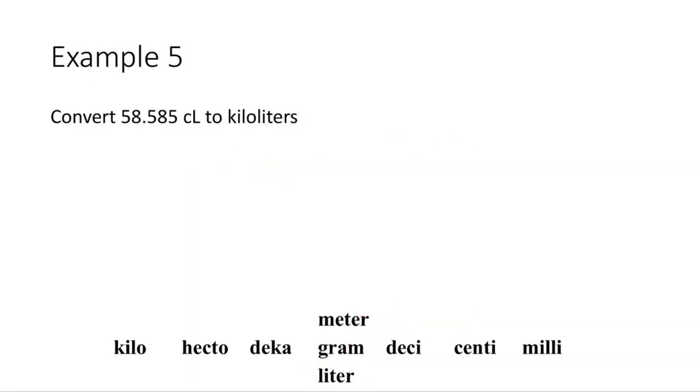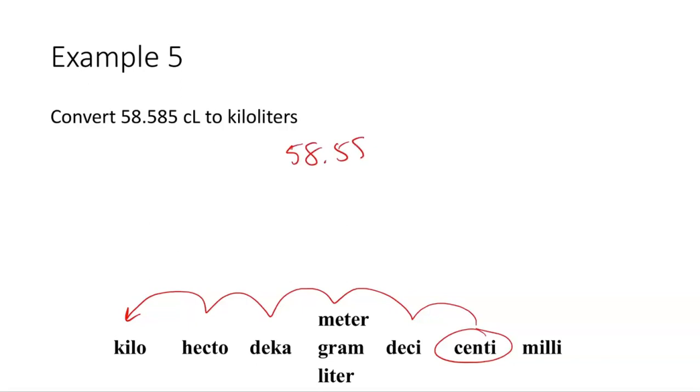If I want to go from centiliters to kiloliters, here's centiliters, and I want to go 1, 2, 3, 4, 5 to the left. So I'll start with 58.585. I'll move the decimal 1, 2, 3, 4, 5 places. So that looks to be 0.00058585 kiloliters.